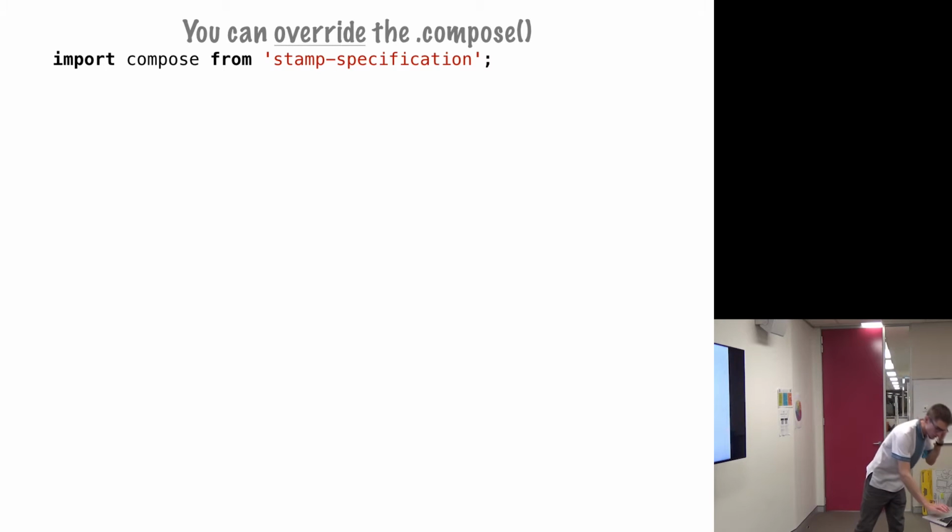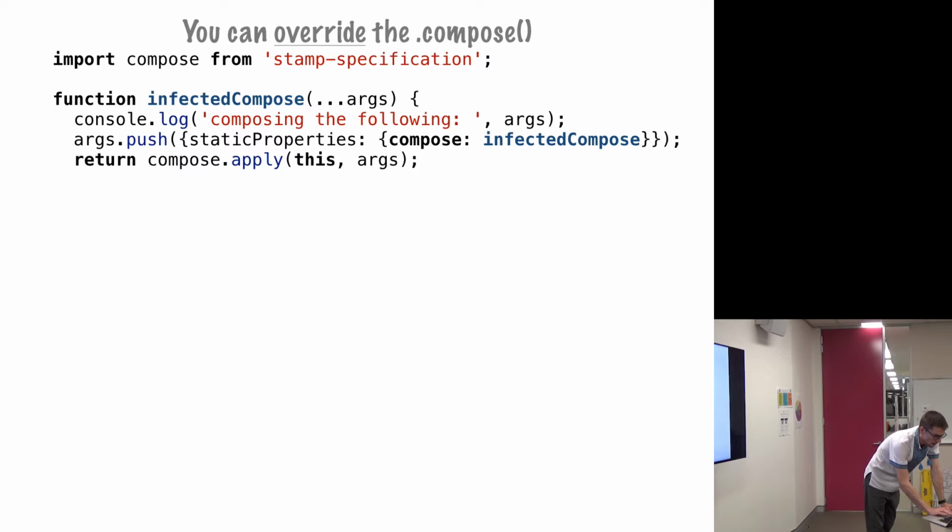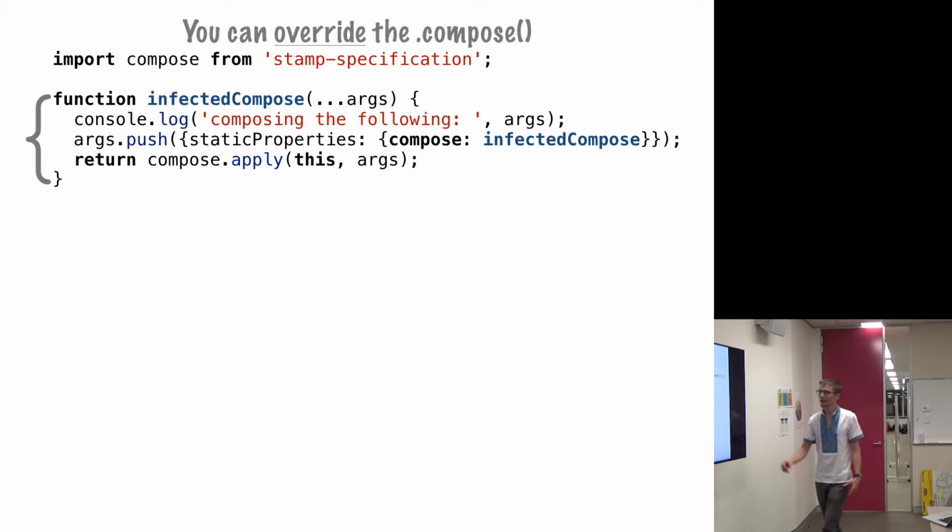So you can override the .compose. What this means is that this magical function you just saw doesn't need to be that. You can re-implement it or reuse it. Let me show you. So assuming I have this .compose function, and then I have this infected compose. I call it infected compose function.